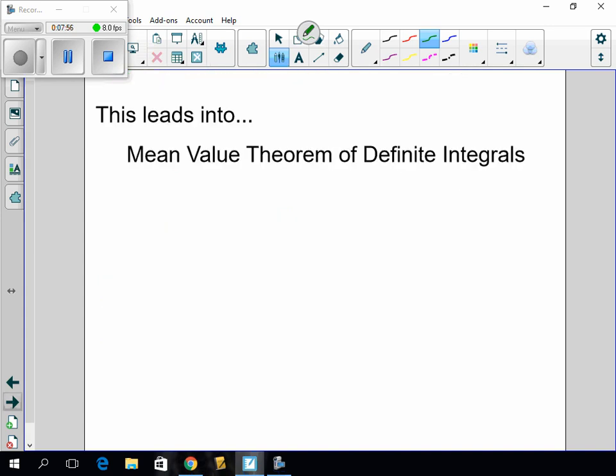Now extending this leads into the mean value theorem of definite integrals. Mean value, we can think of as the average value of a function.